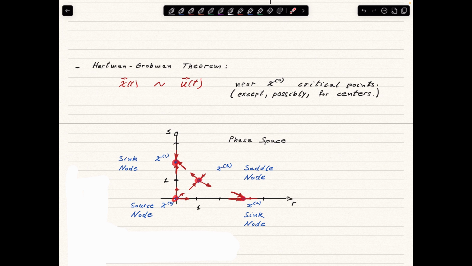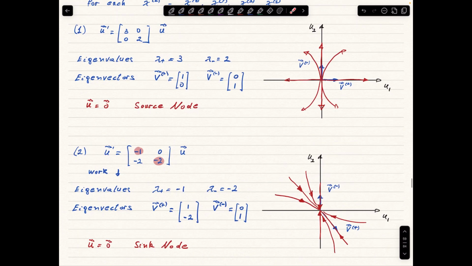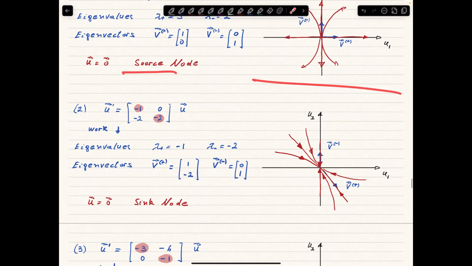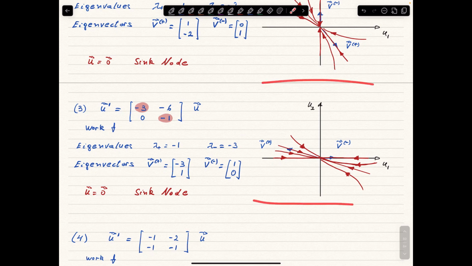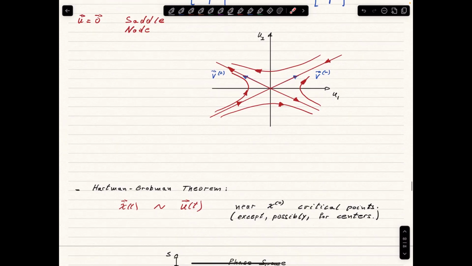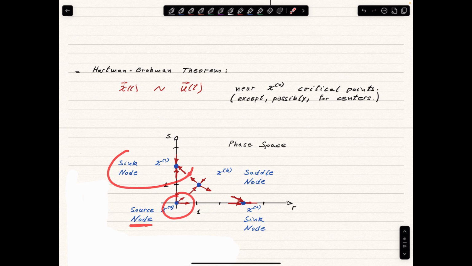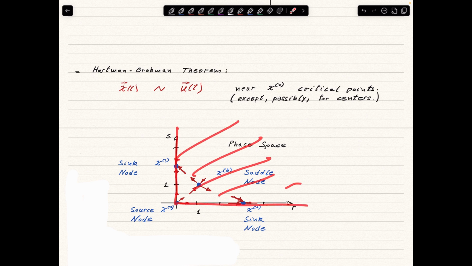But now we know that this critical point here is a source node, because this is what we obtained up here. And the other 2 on the axis are sinks, with the weird direction given by the eigenvectors we computed. We are focusing only on this region because these are populations.